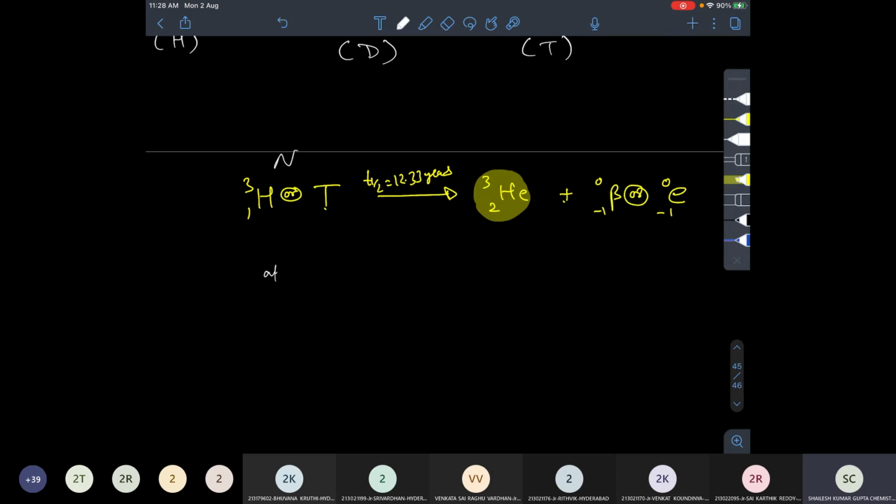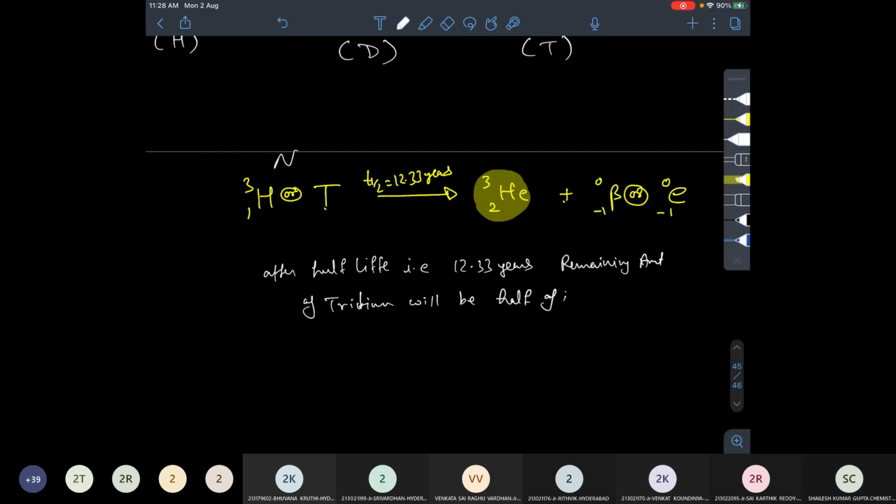After the half-life, that is 12.33 years later, the remaining amount of tritium will be half of its value at t equal to 0, or half of its initial value. That's how you can consider it.